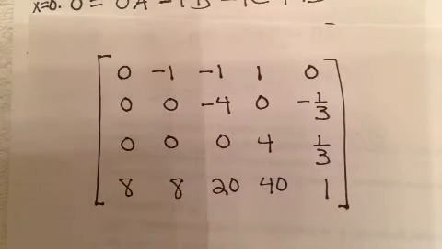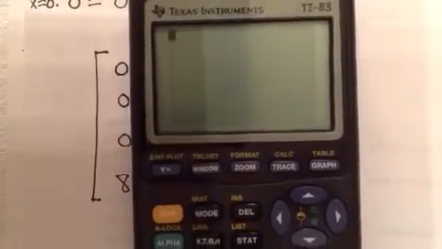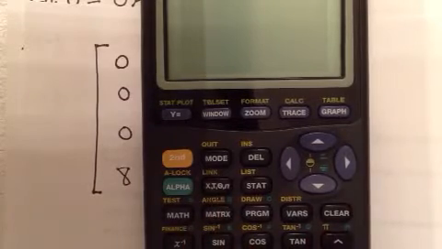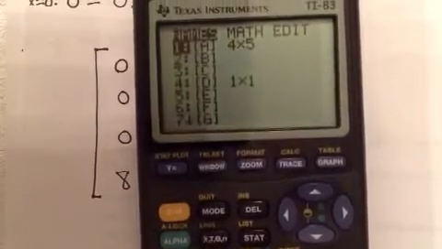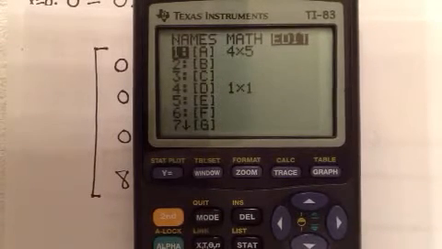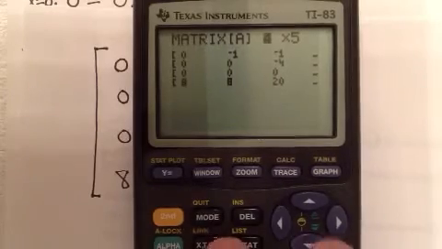And as we look at establishing the reduced row echelon form, say if you were to use your calculator, you can go with the matrix, and on some of these calculators it might be a second function. If you go to matrix and edit, you have a 4x5 matrix, and I have already set this up.